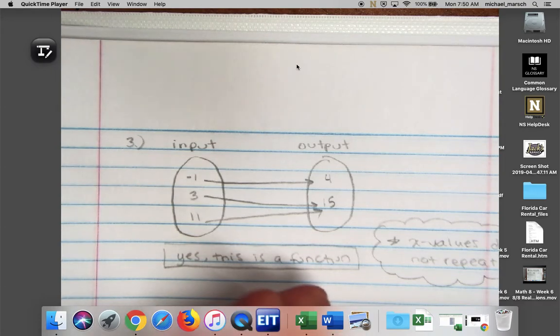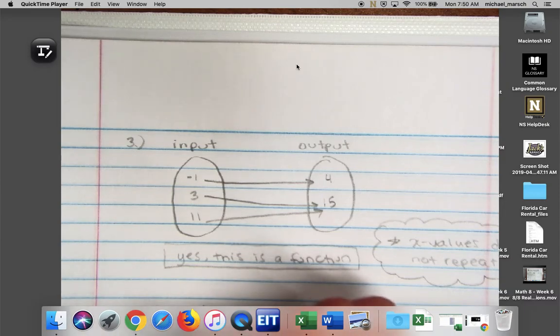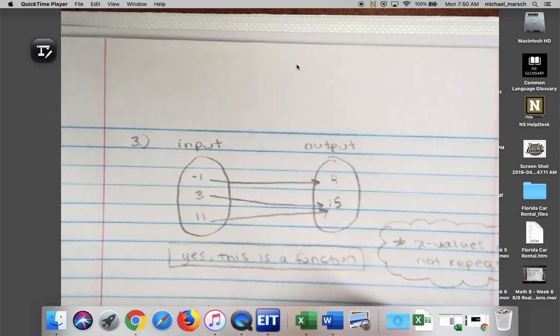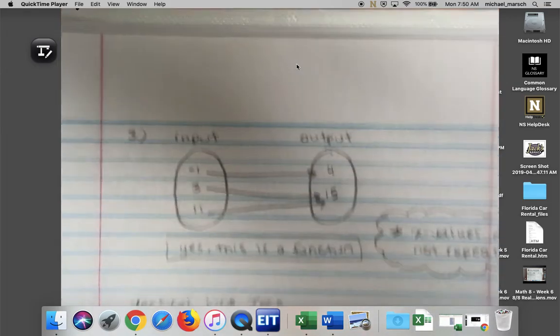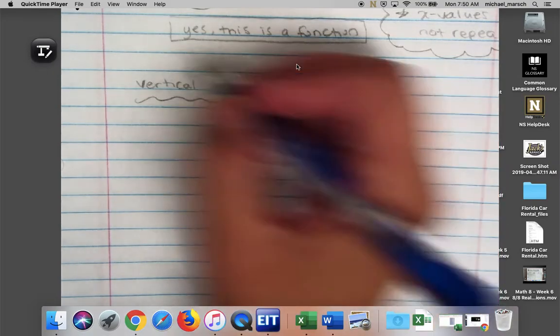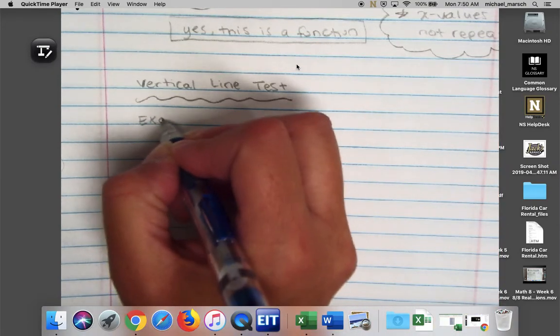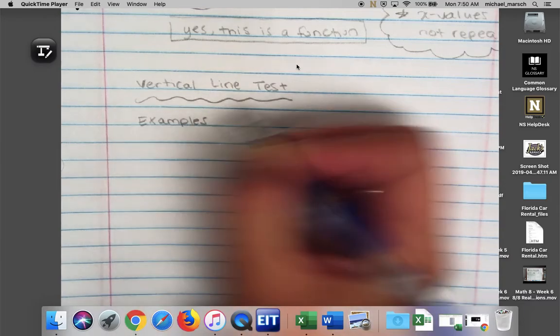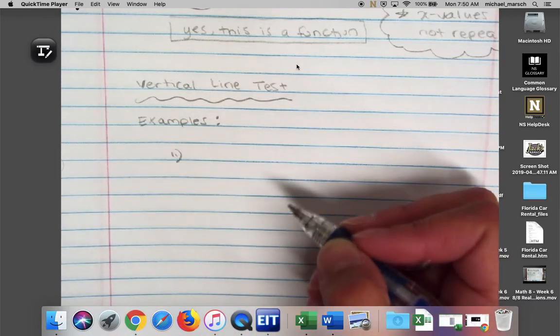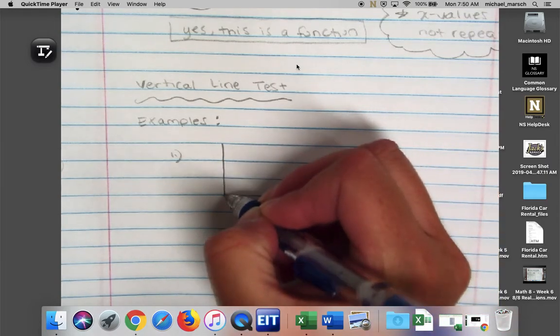I know that they talked about this in the video too. This ultimately becomes people's favorite way to determine if something is a function or not. Okay, so I'm just going to draw a couple of examples here. So we're going to make a quick graph.